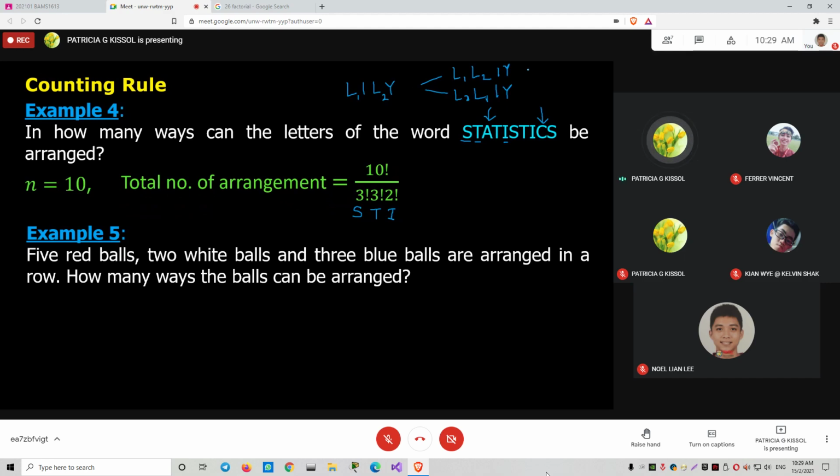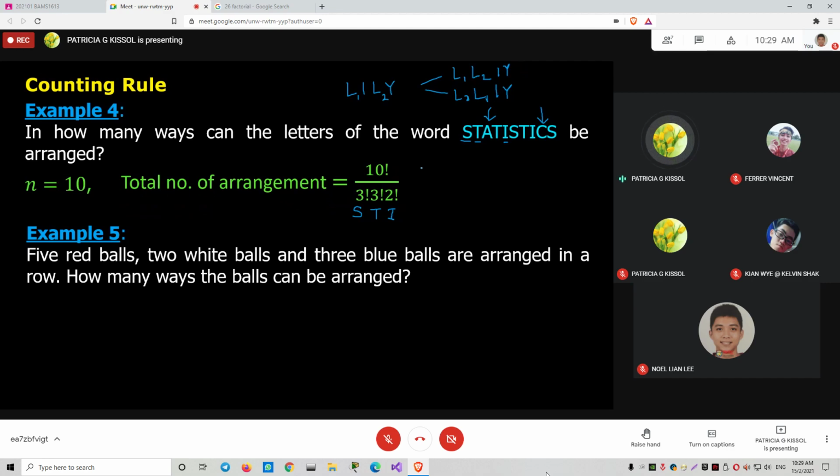They are the same, yes or no? It's still LLIY. The second one is LLIY also. So in order not to consider them as 2 separate entities, they are basically the same. They are LLIY.